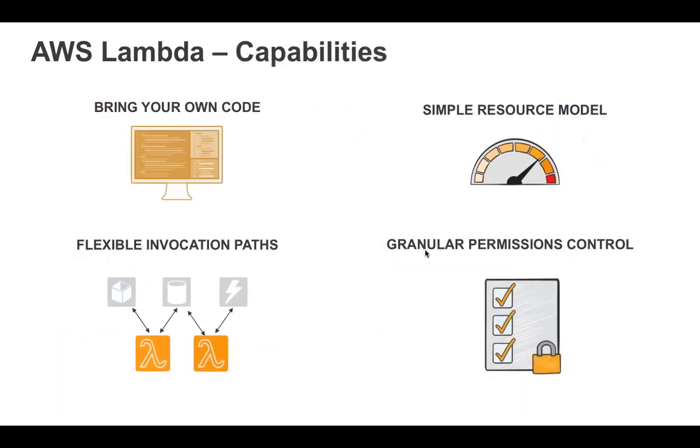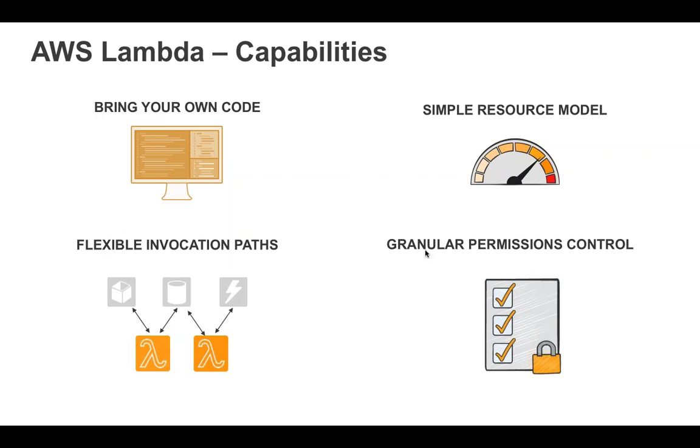So some more capabilities. With Lambda, you can bring your own code, and that's Node.js, Java, or Python. There's a really simple resource model for Lambda. All we need to do is define for each particular function how much memory it needs to run. And automatically, behind the scenes, we'll scale the compute power it's given to match that amount of memory.